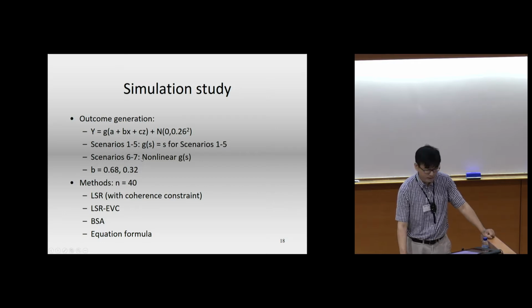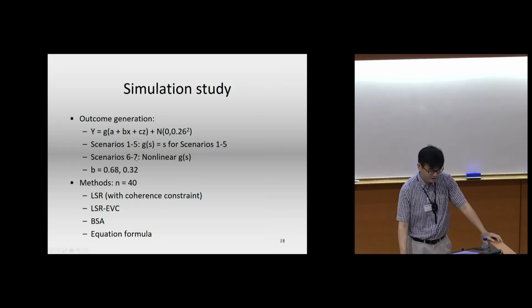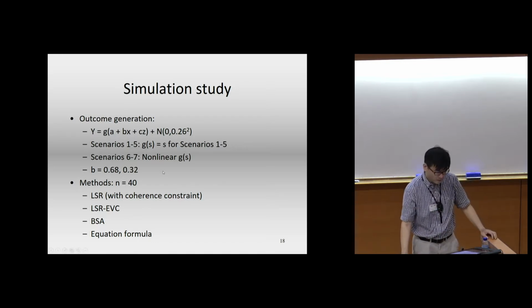I forgot what they are, but basically, I like using model-based methods, but I think it's important to also run simulation under model misspecification so that we know that even if the model is off, it's not that off. So we have 2 scenarios where the model is misspecified, and we have a normal noise, mean 0, standard deviation 0.26. I believe this is based on the data that we got, and we look at 2 different values of the slope. So we have 14 scenarios altogether.